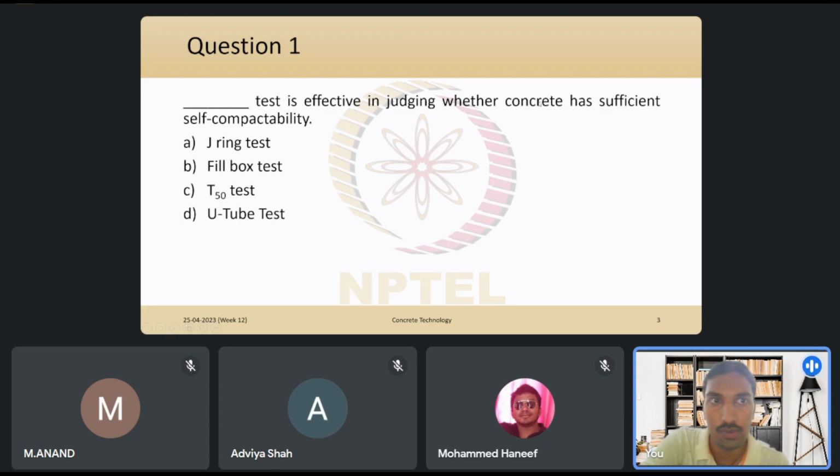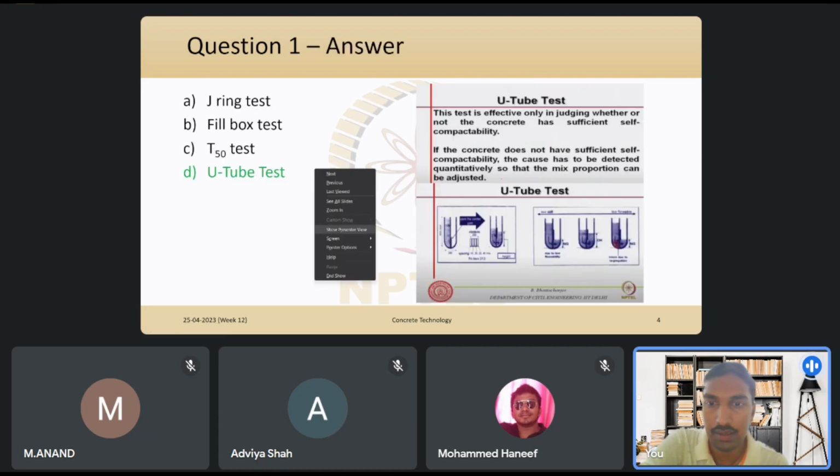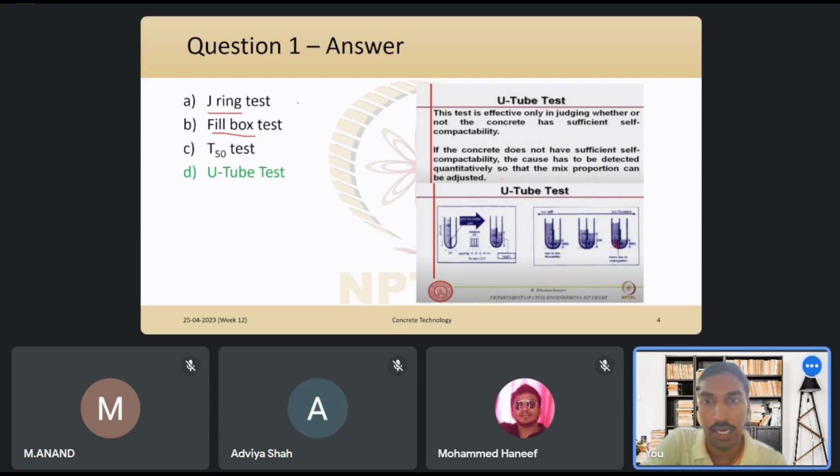Here we are talking about the test for self-compactability. In the first lecture of week 12, we looked at several tests for self-compacting concrete, and different tests are for different properties. The J-ring test and the fill box test are designed for testing the passability. When you place the concrete, you will have reinforcements, and that is an obstacle for the flow of the concrete.